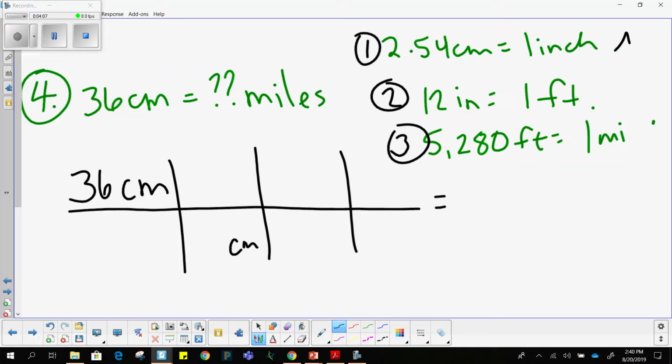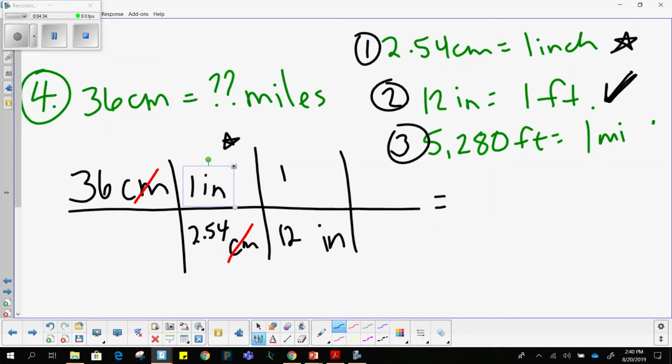So we start with the first one, 2.54 centimeters for every 1 inch. And now we have shown that our centimeters are canceling out, and we're left in inches. We want to keep going. We need whatever's going to cancel out the inches on the bottom. So now we take one that has inches, which is this one, since we haven't used it yet. So 12 inches equals 1 foot.